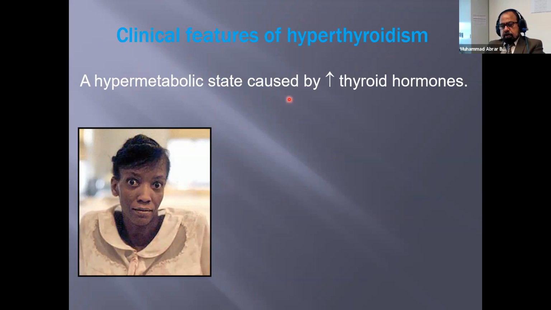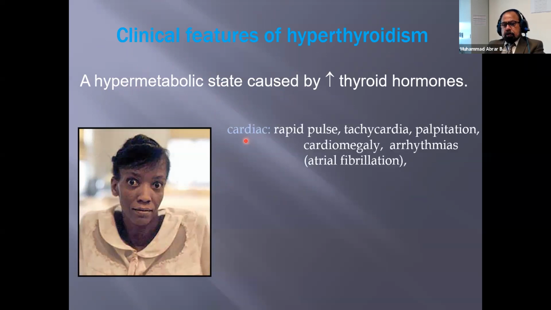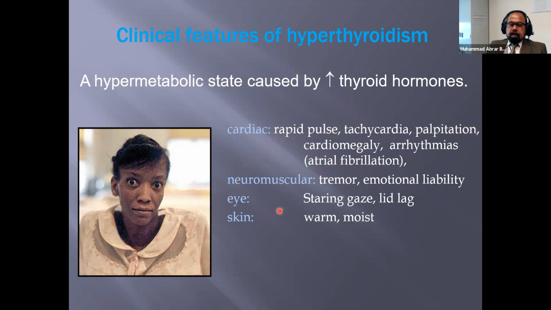For example, for the heart, it causes positive inotropic and chronotropic effect, by which they have increased cardiac output, so increased pulse, tachycardia, palpitation, cardiomegaly, arrhythmias, and atrial fibrillation. So they stimulate the heart more. These are the changes which you see clinically.